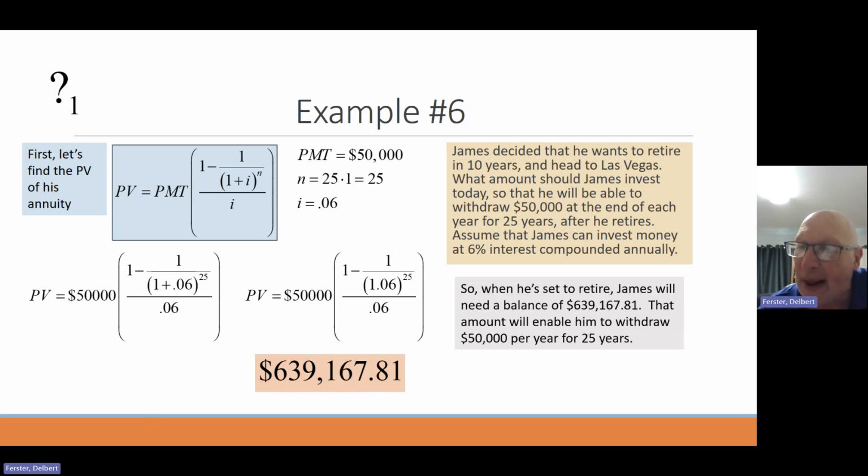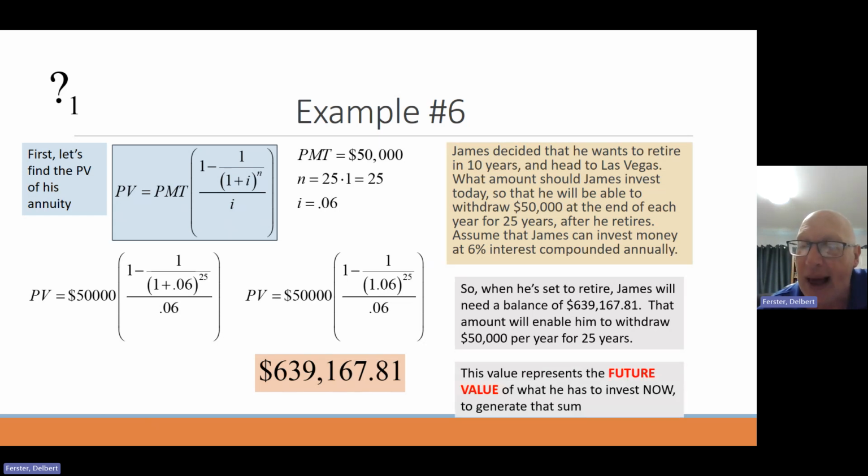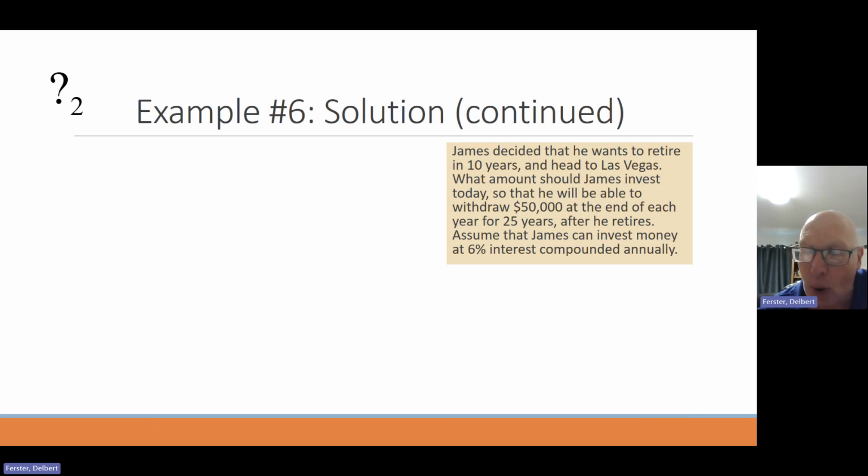So when he's all ready to retire, that's how much money has to be there to afford him that retirement set at $50,000 per year for each of the next 25 years. So now what we've got to do is realize that that represents a future value for what he currently needs to invest that will help build that. Now, it's important that we reference the second question mark.